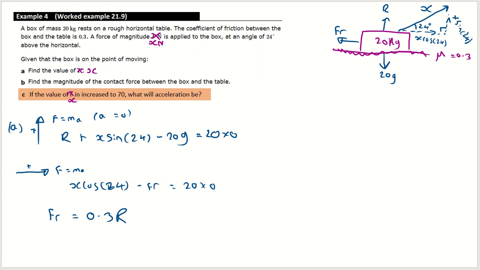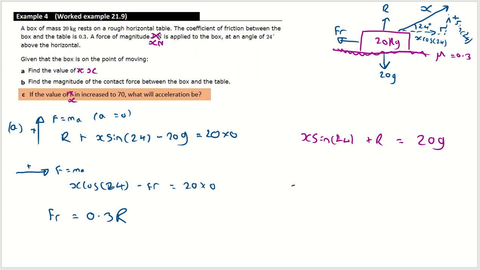And then it's just a case of putting these equations together. So top one here, I'll change the order actually, I'll say X sin 24 plus R, and that's equal to 20G. I'll explain maybe why I do that in a minute.